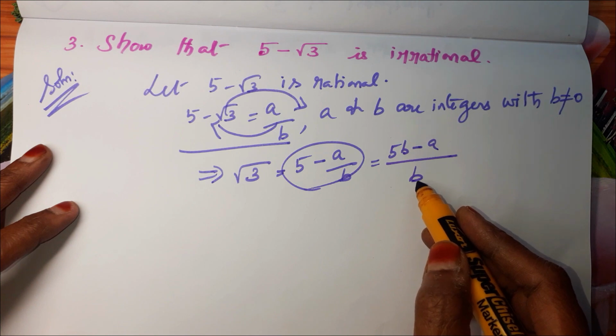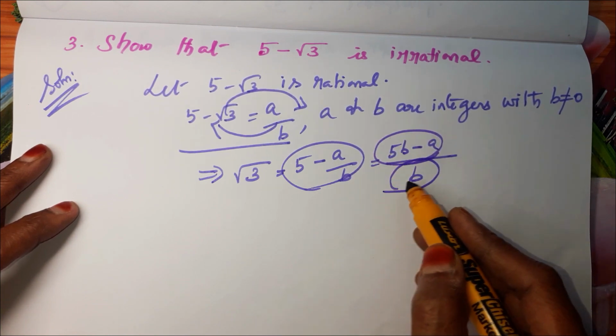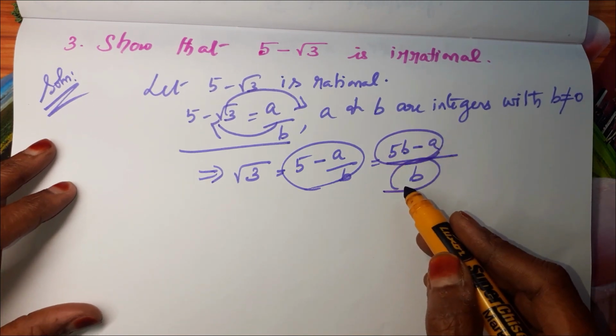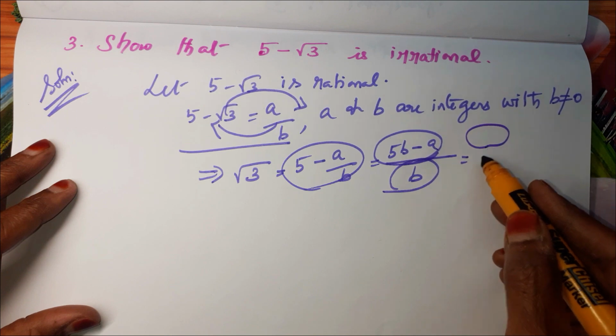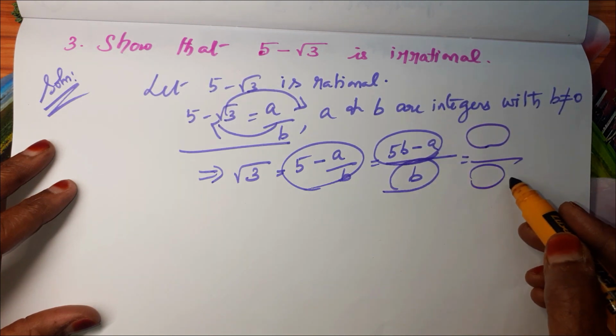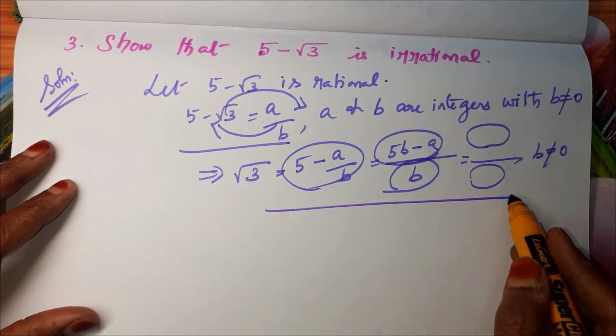a and b are integers, therefore 5b minus a is also an integer, and b is also an integer. An integer by another integer, where the denominator b is not equal to 0, means it is a rational number.